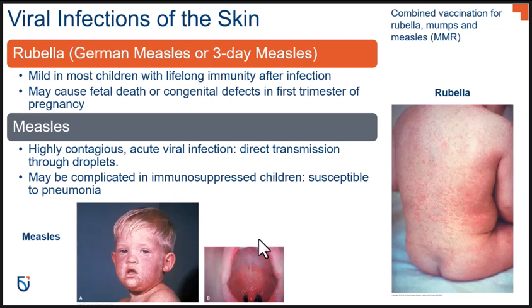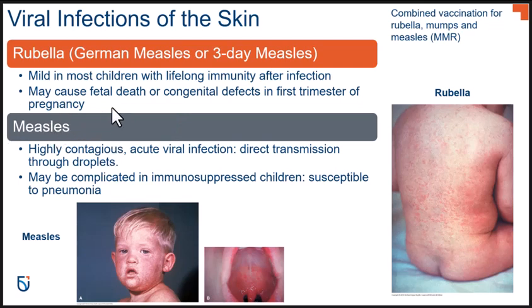And they come into contact with a young child who has rubella, and they become infected themselves with rubella. They will be fine, but it can cause fetal death and congenital defects, especially in the first trimester of pregnancy. So when kids are vaccinated for rubella, most of the time it's to protect any pregnant women and their unborn baby that they might be around.